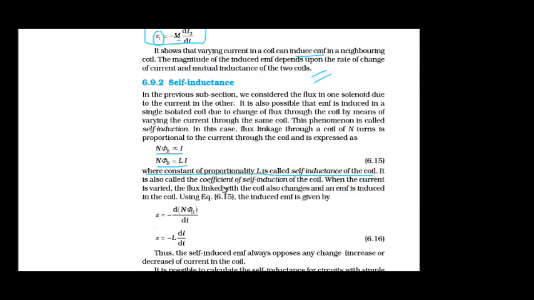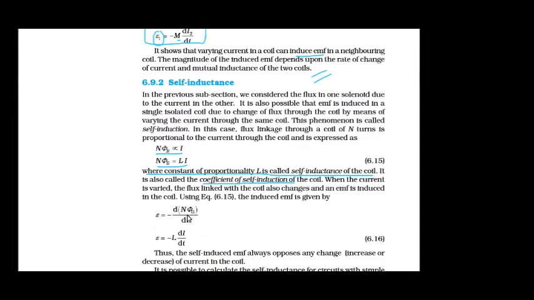It is also called coefficient of self-inductance of the coil. When the current is varied, the flux linkage with the coil also changes and an EMF is induced in the coil. Using equation 6.15, the induced EMF is given by E is equal to minus d(N phi B) upon dt. E is equal to minus L dI by dt.